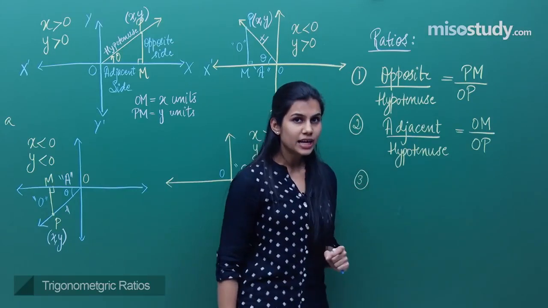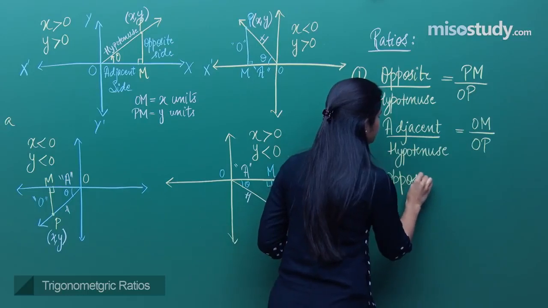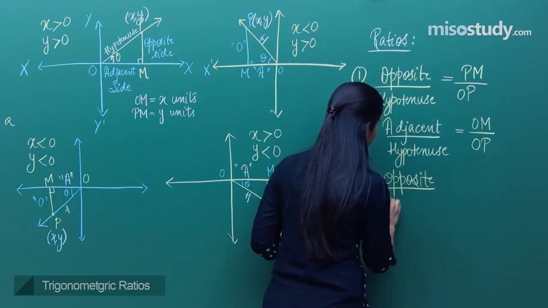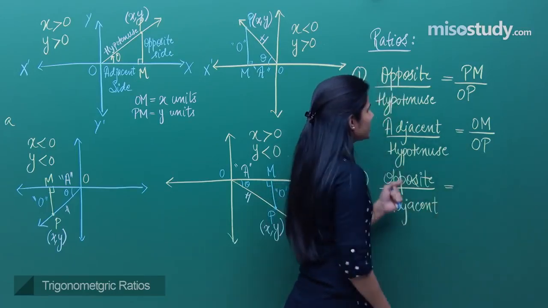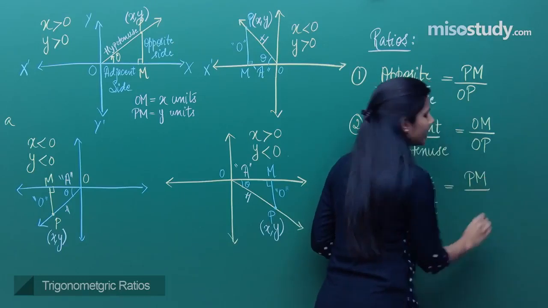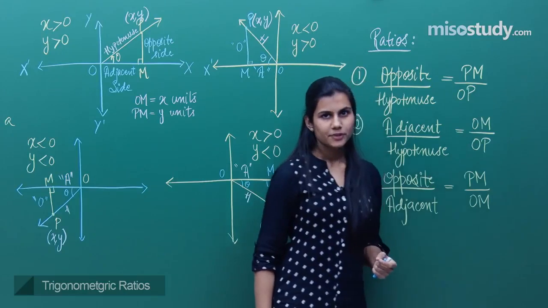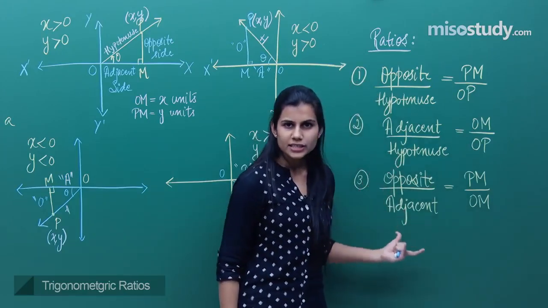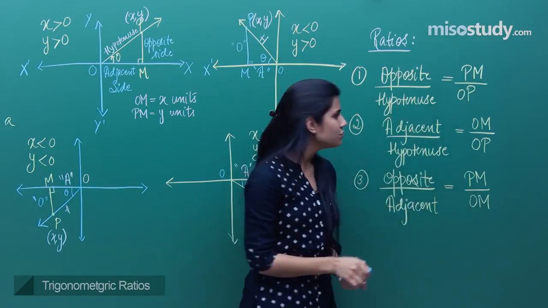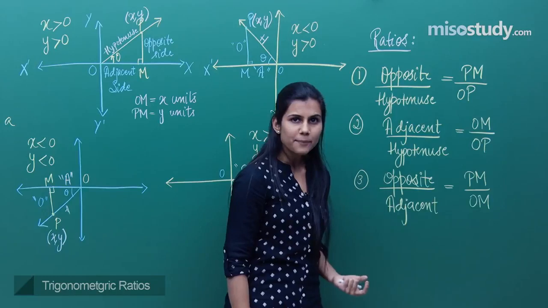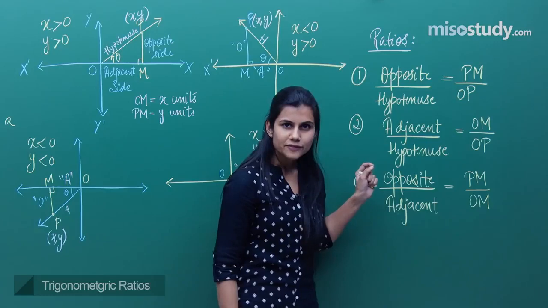The third ratio that I am interested in takes the ratio of opposite with the adjacent. What is the opposite side? Opposite side is PM and the adjacent side is OM. These three ratios in the first case I have defined: the opposite side with the hypotenuse, the adjacent side with the hypotenuse, and the opposite side with the adjacent. This is what I have defined.